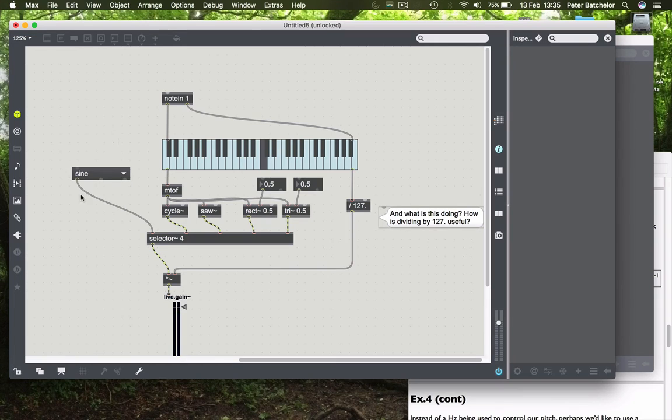And that's because what the left-hand outlet is spitting out is numbers. So if I choose off, I get a 0. If I choose saw, I get 2, which of course is our second inlet here. Square gives me 3, which is our third inlet, and so on. So you have a way of choosing between those oscillators now.